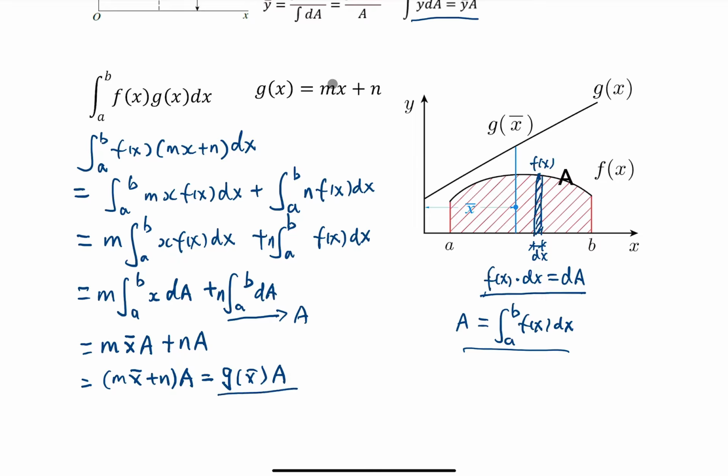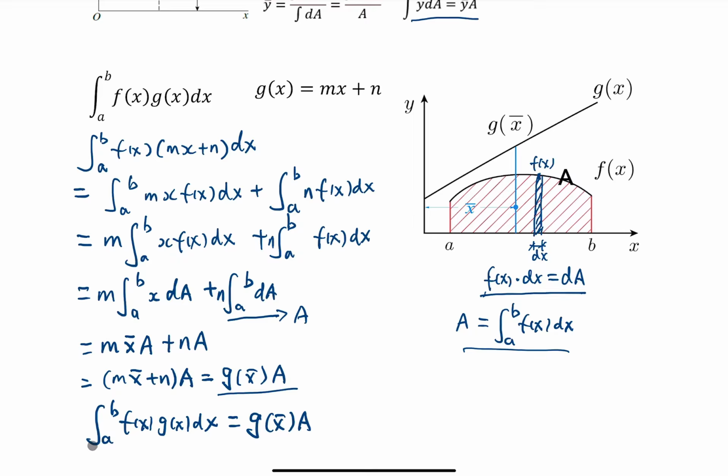Okay, we call this a very simple expression. So for the integration of f(x) g(x) dx, if g(x) is a linear function, this integration can be expressed by g(x bar) times A. That is, the area under f(x) times g(x), where we evaluate g(x) at the location of the centroid point of the area of f(x). So let's look at it again.